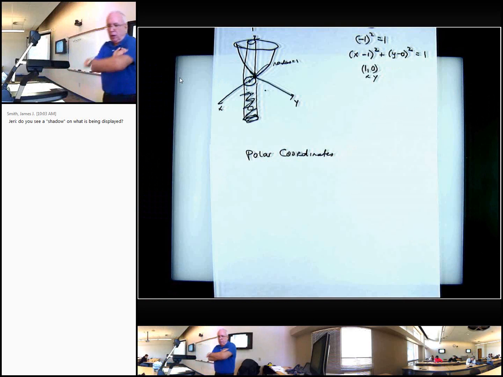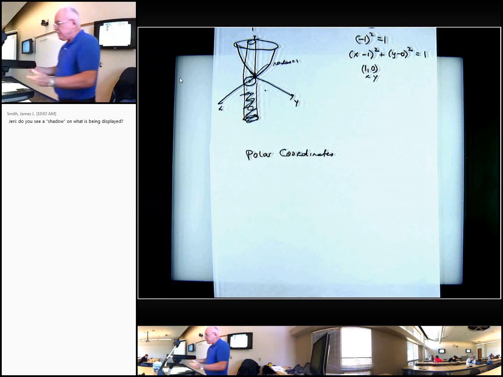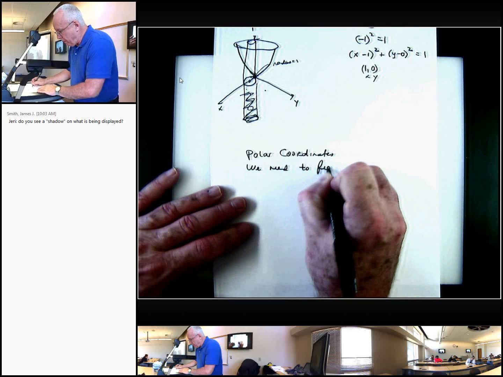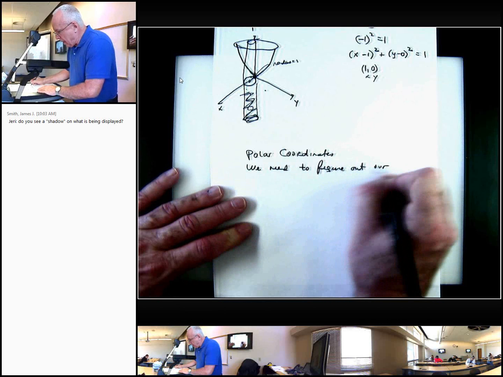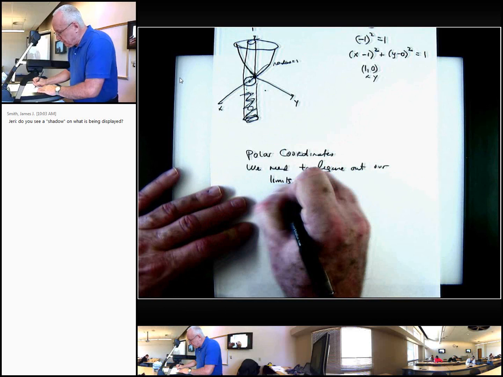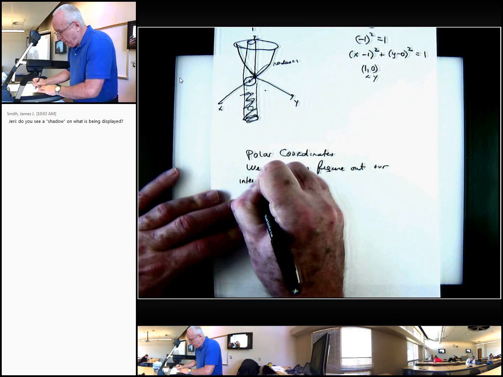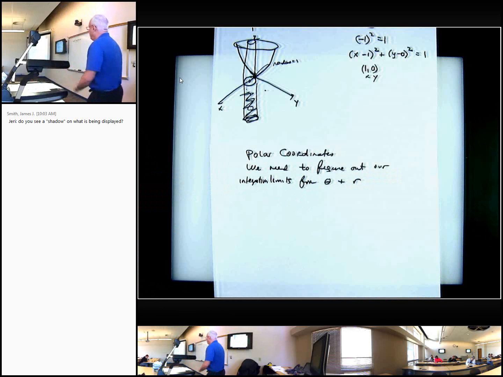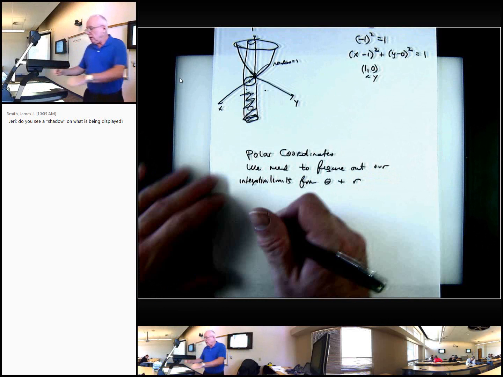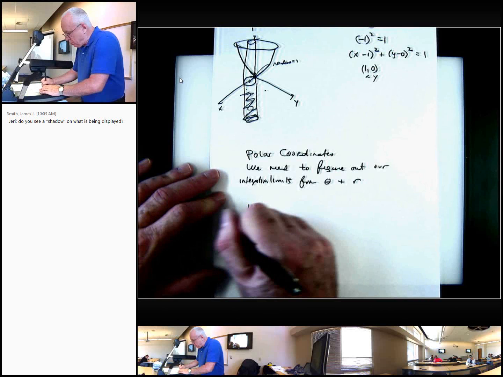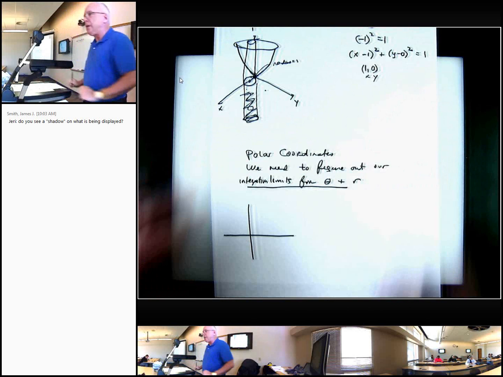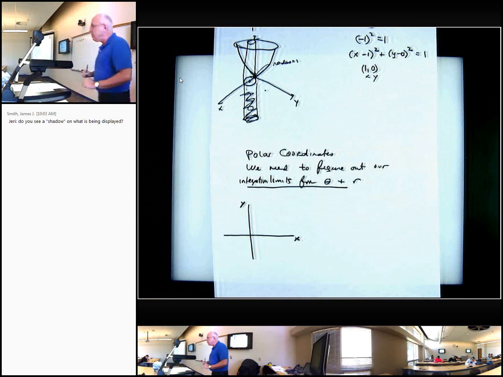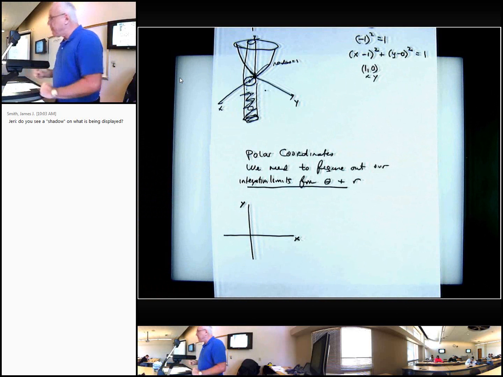If we're using polar coordinates, we need to figure out our integration limits for theta and r. We're talking about looking at the xy plane and trying to figure this out.